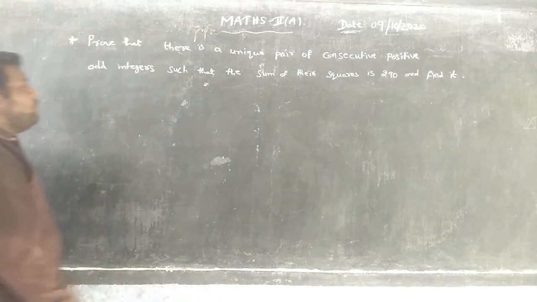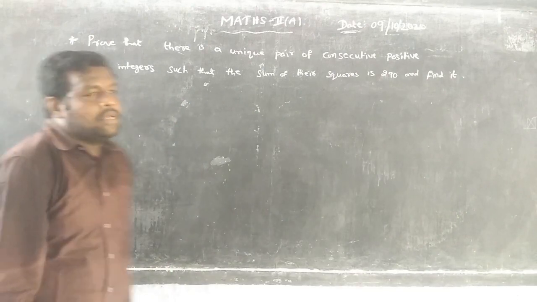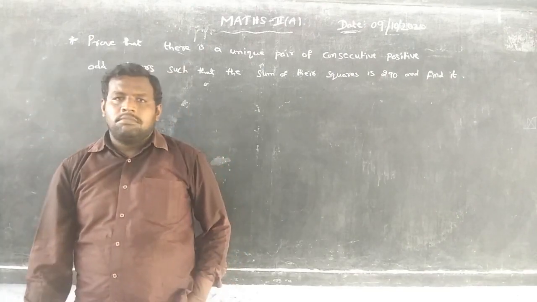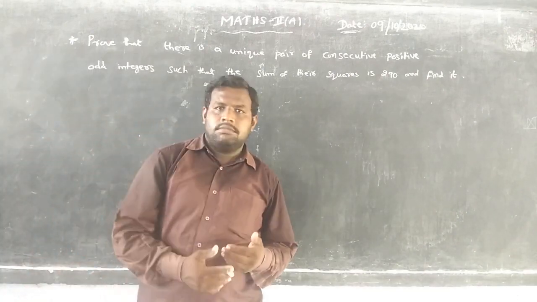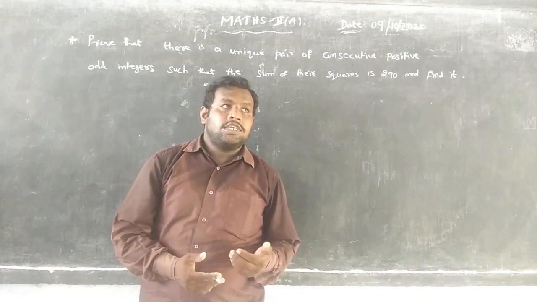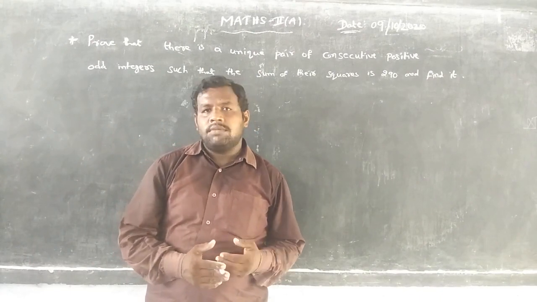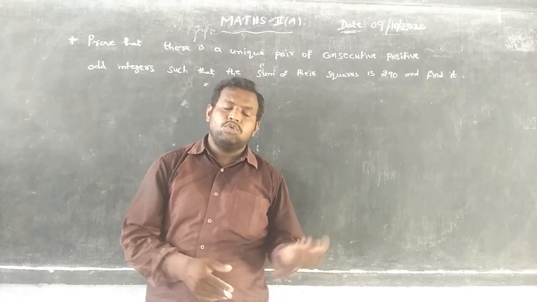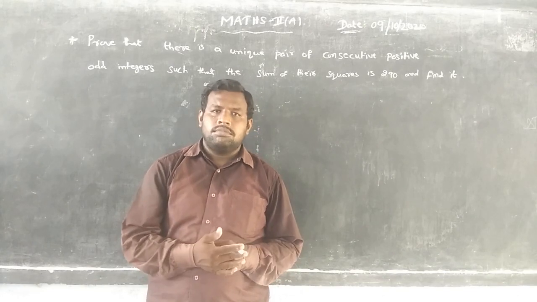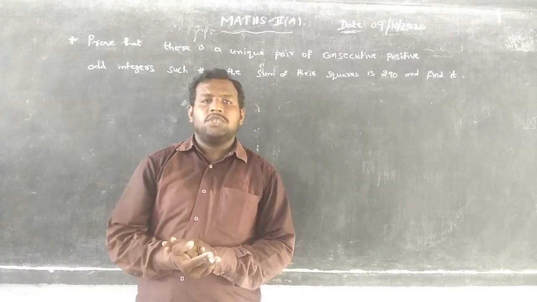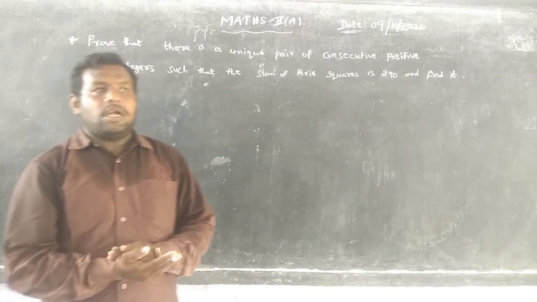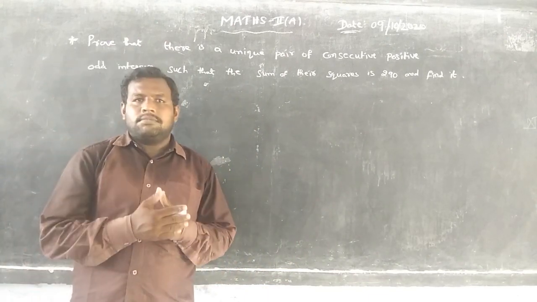What is meant by consecutive? Consecutive means next terms. In natural numbers, 1 2, or 2 3, or 3 4, are consecutive numbers. So consecutive means the next number.